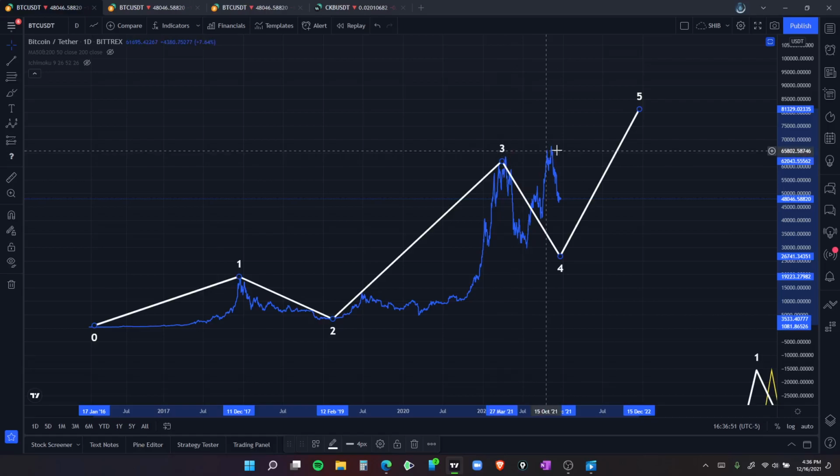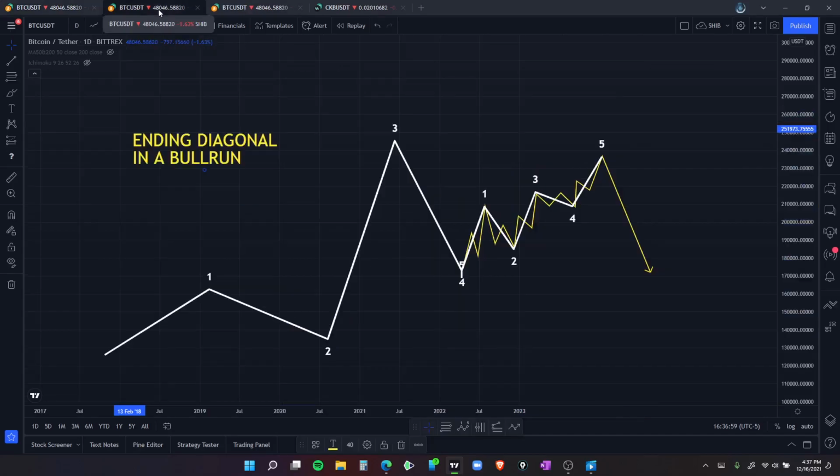So I did some more research and found different patterns of the waves. Right here, you still have your Elliott wave, but it's called an ending diagonal in a bull run. So you have your 1, 2, 3, 4 wave, but your last final fifth wave becomes more complex, and it has sub-waves or intermediate waves that extend out.